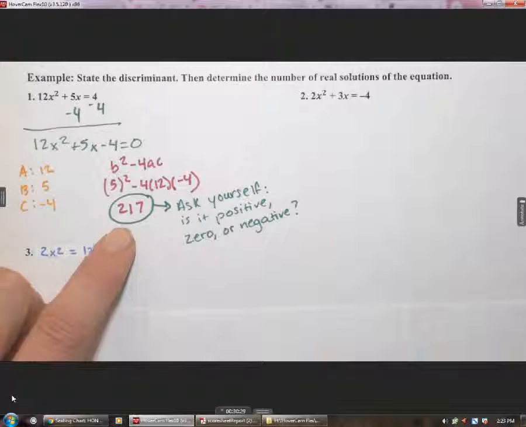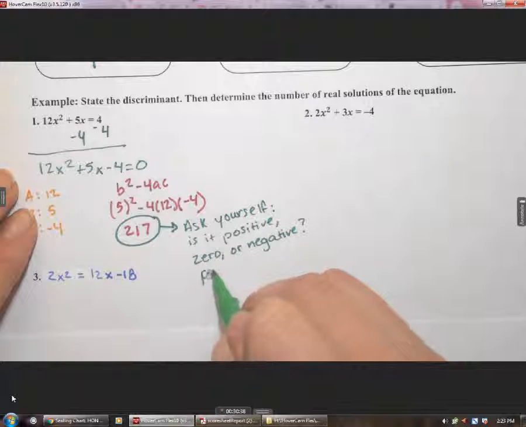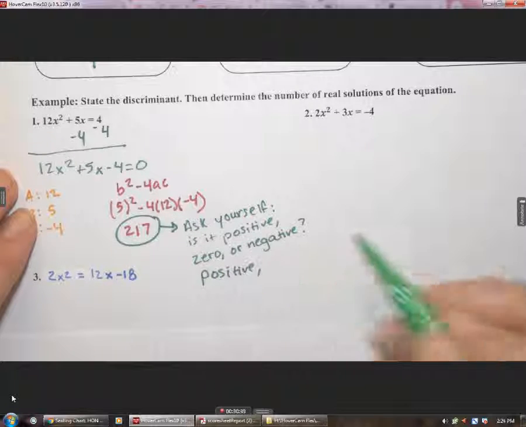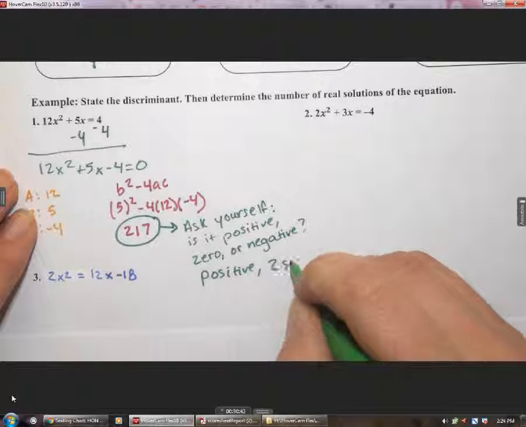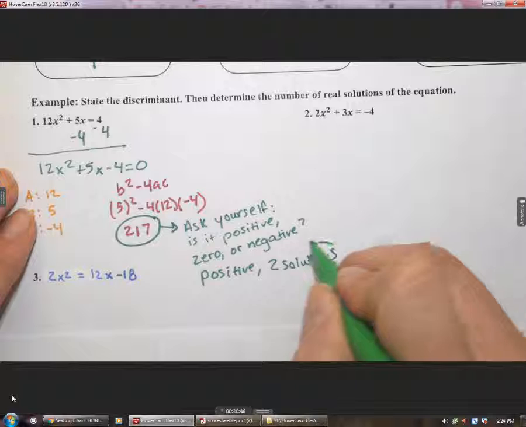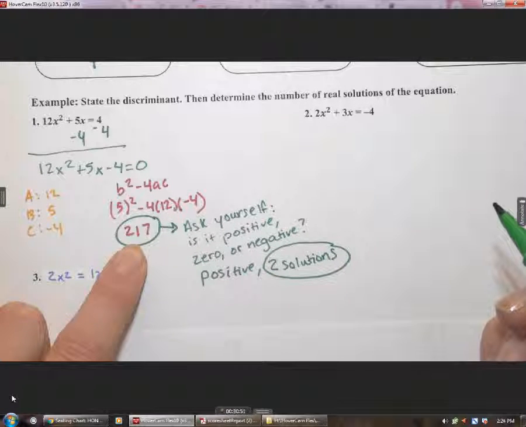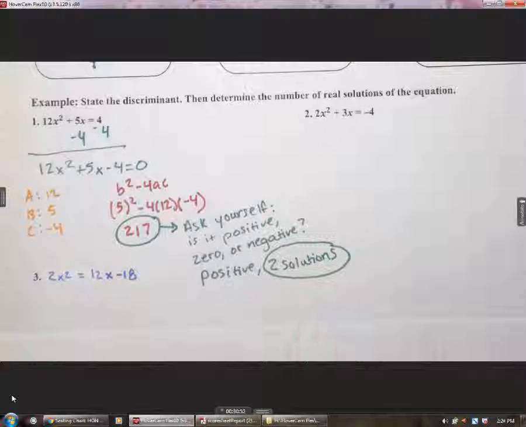Is 217 positive, negative, or 0? Positive. So that means it has 2 solutions. My answer is the discriminant is 217 and it has 2 solutions, and then you're done.